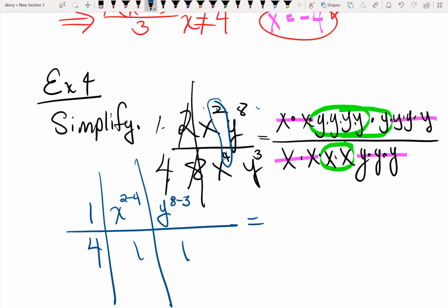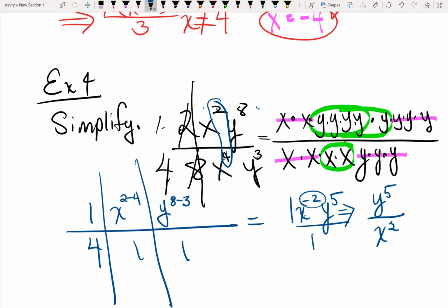So this would have given you 1x to the negative 2, y to the 5th. We're okay up to the point where the x to the negative 2, which means that I need to break this down to y to the 5th over x to the positive 2. Remember I said bring it below the fraction bar, and the sign in front of the exponent will reverse itself. Alright.